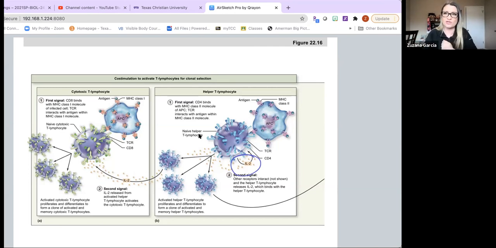All of these clones are going to have knowledge of the antigen that this initial helper T lymphocyte encountered. It's like you're cloning it with its brain. It does not have a brain, right? But it's going to act like it has encountered it personally. So that's how that works.